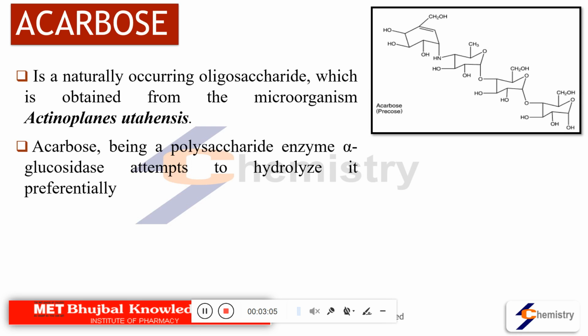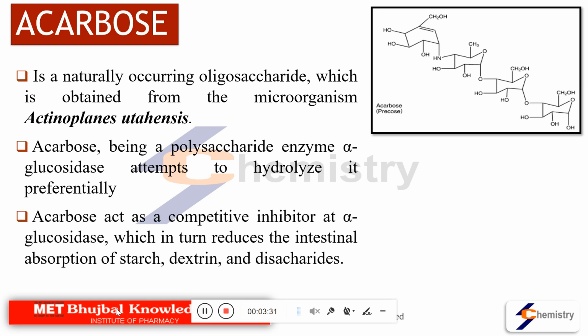This acarbose, being a polysaccharide, the enzyme alpha glucosidase attempts to hydrolyze it preferentially. Meaning, before alpha glucosidase hydrolyzes carbohydrate from the food, this drug becomes preferentially hydrolyzed so that the enzyme becomes busy hydrolyzing it, and carbohydrate remains intact.